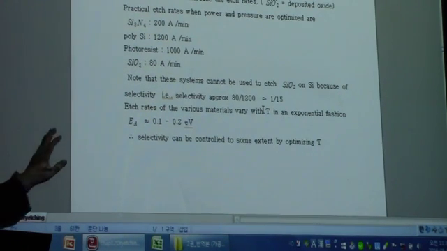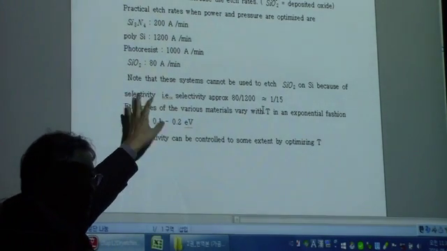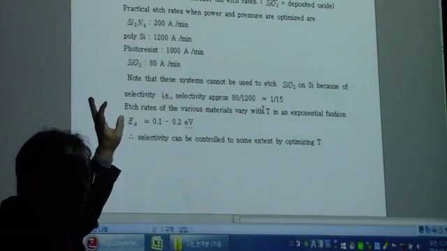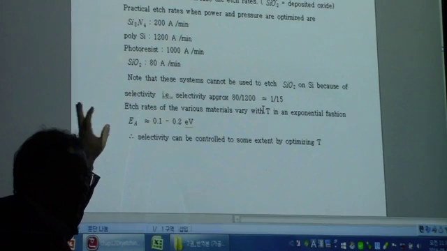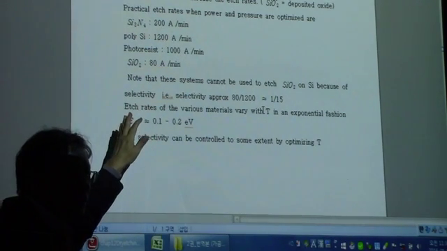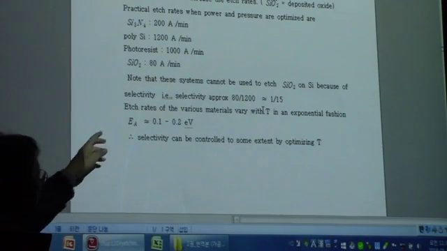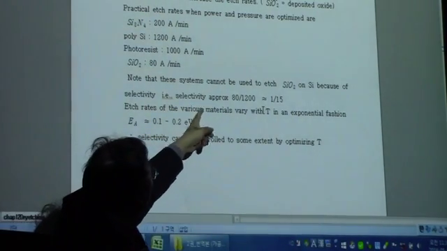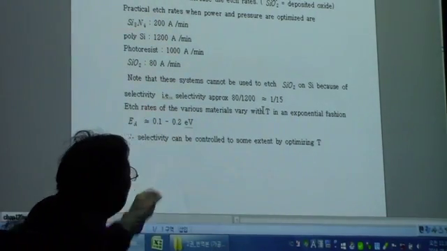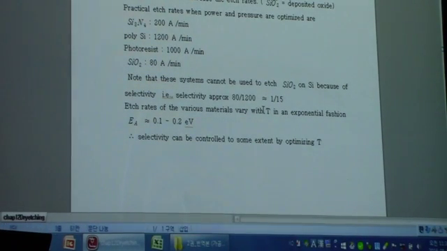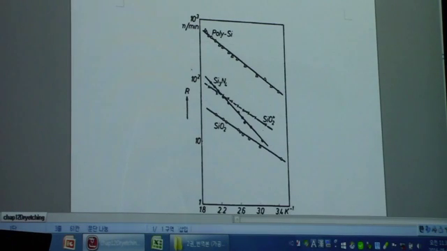In that case, we cannot use this barrel type CF4 gas to etch the silicon oxide deposited on top of the silicon. Okay? The selectivity means the etch rate of various materials, and the etch rate with temperature is plotted in the next slide here.